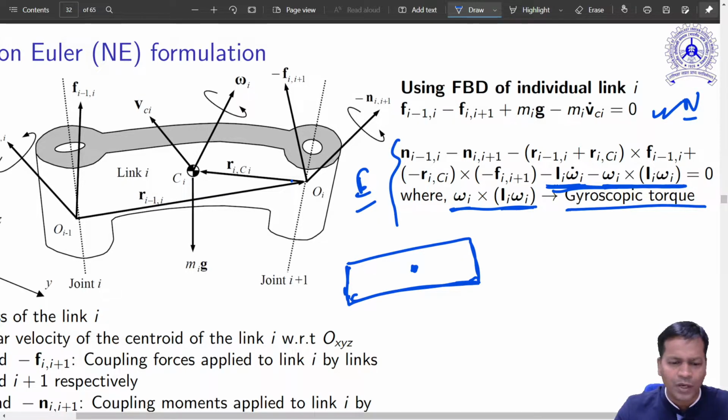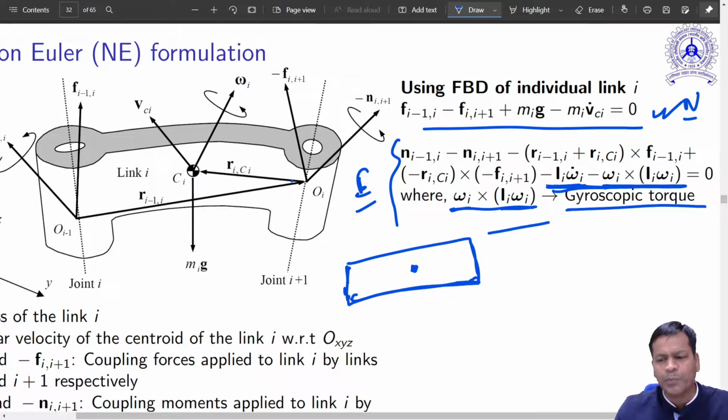So for each and every link you can create this pair of equations. Why equations? Because each of these is a set of three equations. Why? F is basically a vector, it contains f_x, f_y and f_z. Similarly, moment n_x, n_y and n_z. So total 6 equations are formed for each link.